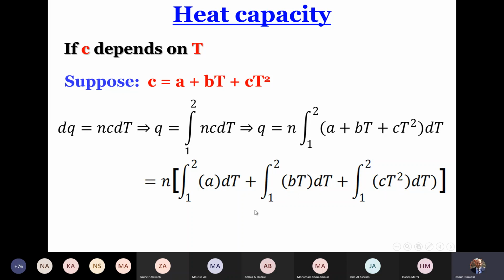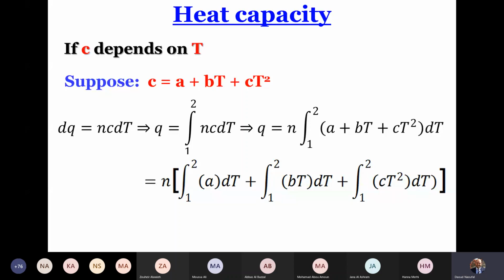As a conclusion, as a summary of the heat capacity: the heat capacity is an identity of the substance. Each substance has a known heat capacity. What is the heat capacity? You have a certain amount of this substance and you want to increase its temperature by 1 degree. The energy absorbed from the surroundings to increase the temperature of this amount M or N by 1 degree is the heat capacity of the substance.